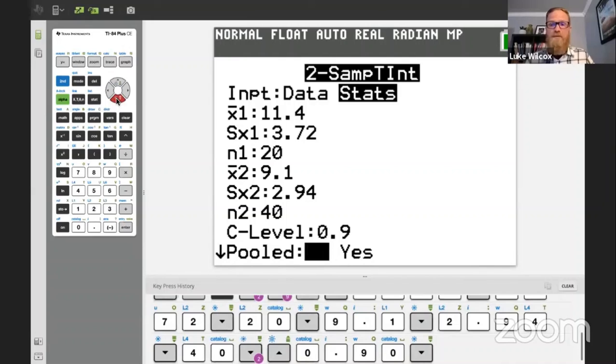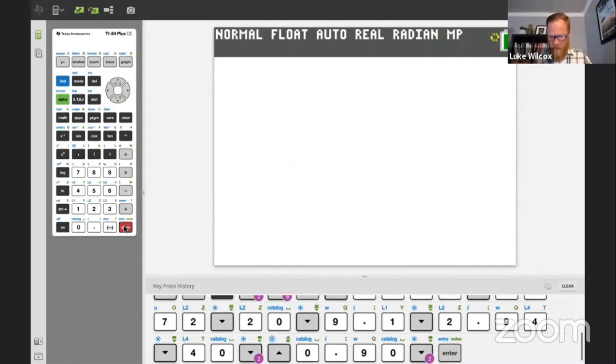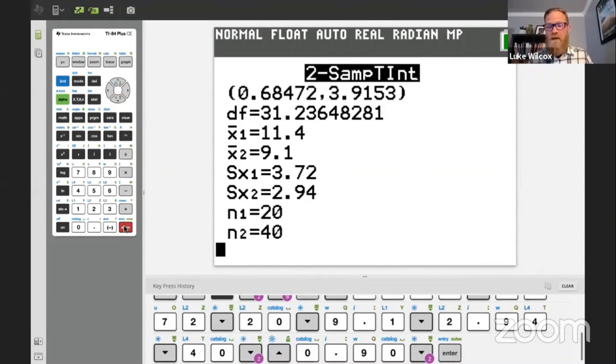The reason you use pooling is if you, for some reason, thought that the standard deviation of each one of those populations was the same, then you might pool the 2 samples together. But for AP statistics, you will not be making that assumption. So just leave that on no. And then go ahead and hit calculate. Now you're going to notice that this interval is slightly different than the one that we got by hand. And it's because of this degrees of freedom right here, okay?